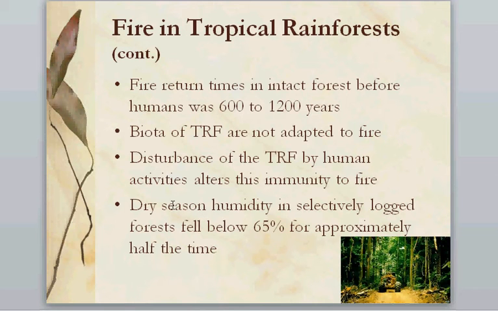Once the canopy is opened up by cutting trees and letting them fall and having more gaps, you will tend to find the humidity in the understory is much lower. So because the canopy has been opened up by selective logging, humidity tends to be much lower for a longer period of time. So during the dry season, the period during which humidity falls below 65% is much, much longer.